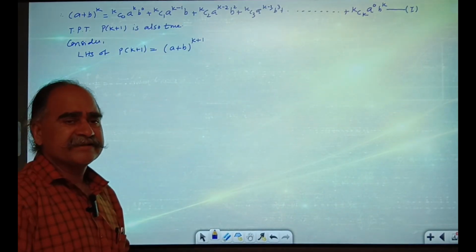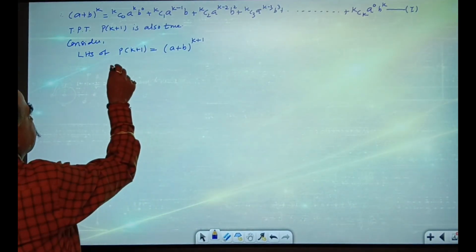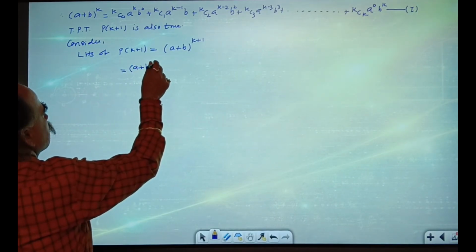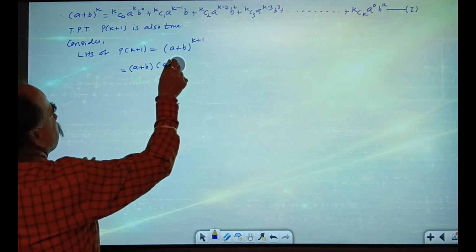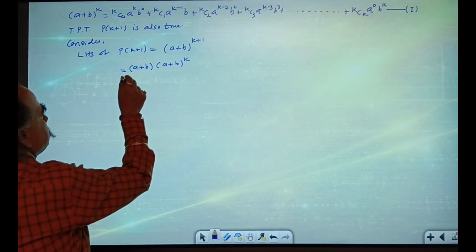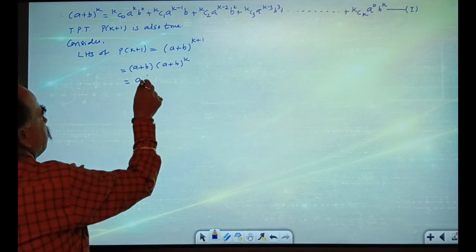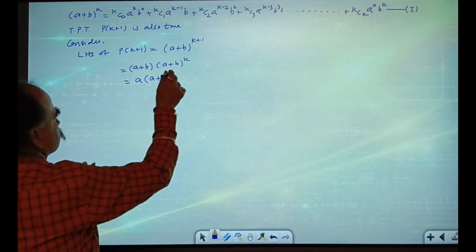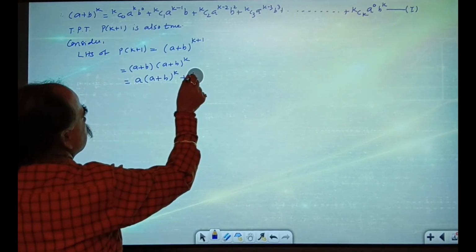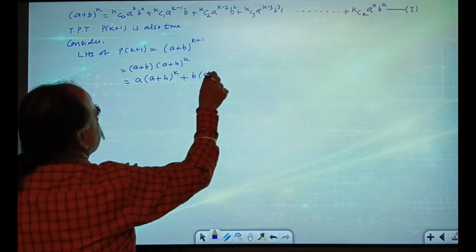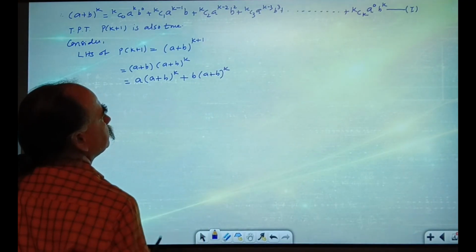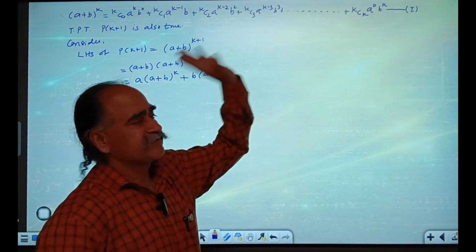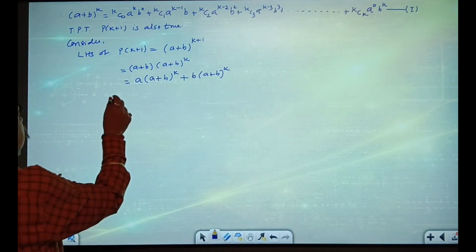Now, by law of indices, (a plus b) raised to k plus 1 can be written as (a plus b) into (a plus b) raised to k, that is a into (a plus b) raised to k plus b into (a plus b) raised to k. And (a plus b) raised to k from equation number 1 is this, which is what?